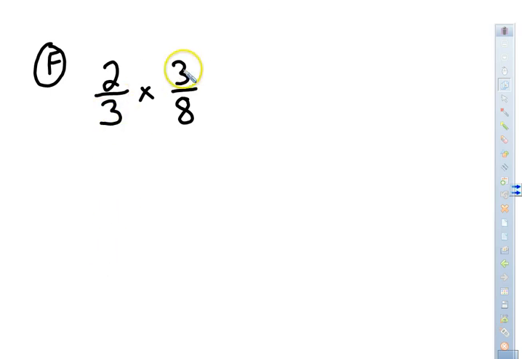So we look at my diagonals, and you can see 3 and 3. Well, what divides into 3 and 3? 3 does. So you can divide both of them by 3, okay, which is 1. And 3 divided by 3 is, again, 1. 2 and 8, finding an even number, 2 does go into them. So we're going to divide both of them by 2, which gives me 1 for this.